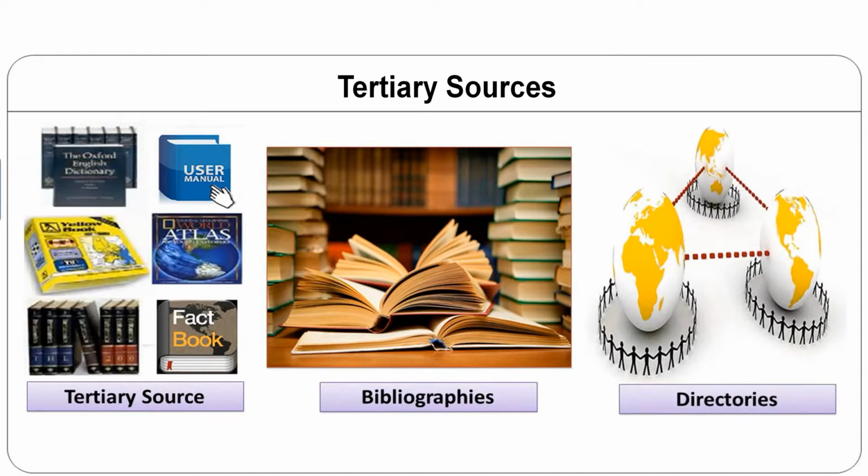Similarly, directories also work. Directories can be of institutes working in particular areas, or of persons or experts working in particular domains, and guides to literature. So all these sources work as tertiary sources.